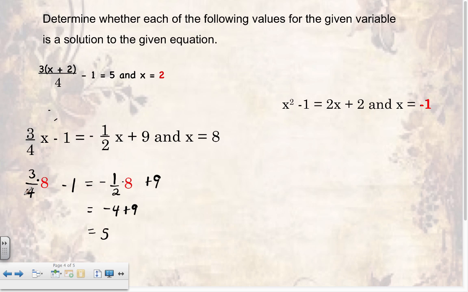And I want 3/4 of 8, so that must be 6. 6 minus 1 is 5. Great! This is a solution, because we came up with a true statement.